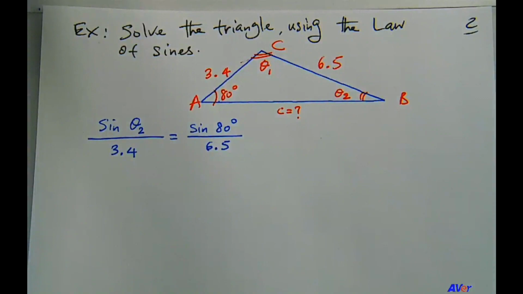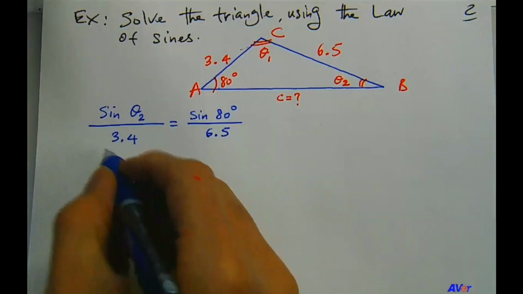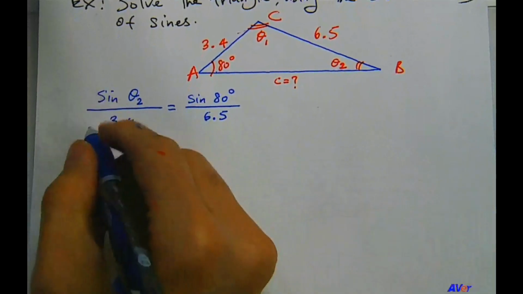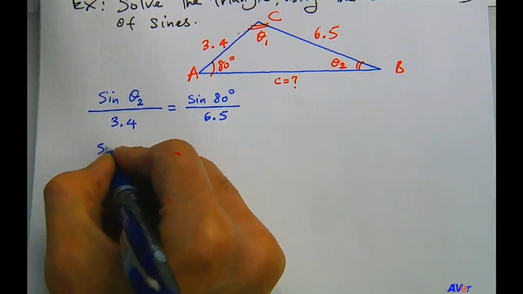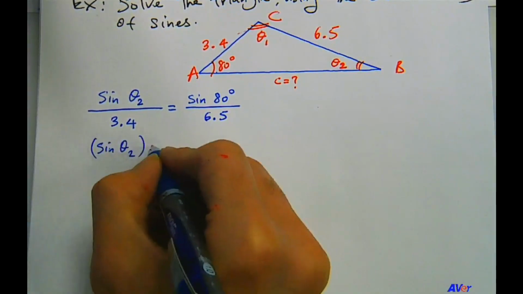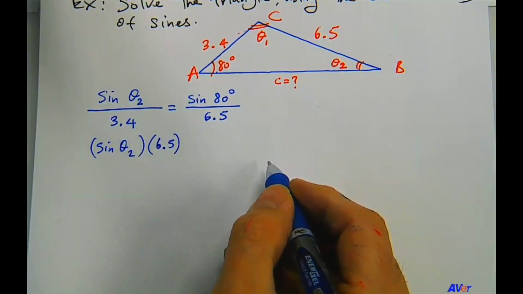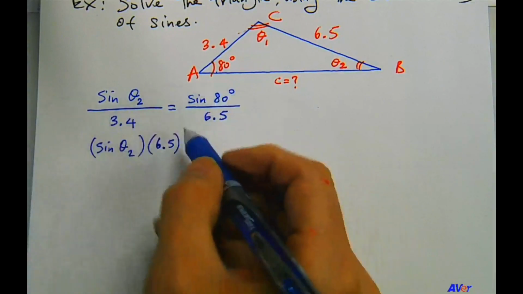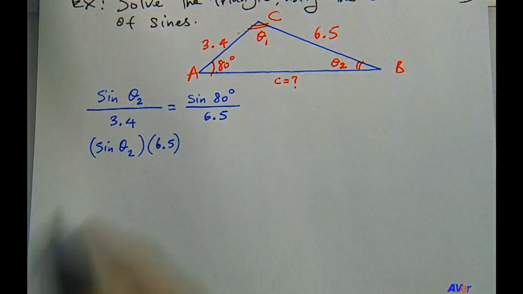Let's see. Okay, so let's cross multiply here. Sine of theta 2 times 6.5. Eventually, we're going to have to use the inverse sine, right? Because this is going to give us the sine of theta 2, but not the theta 2.